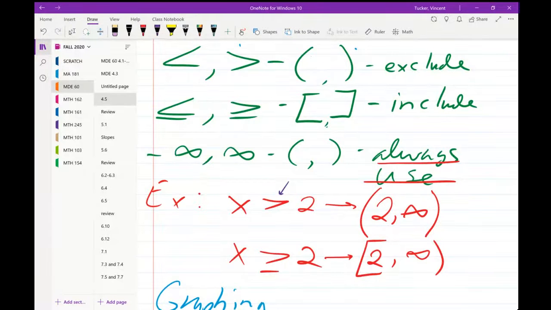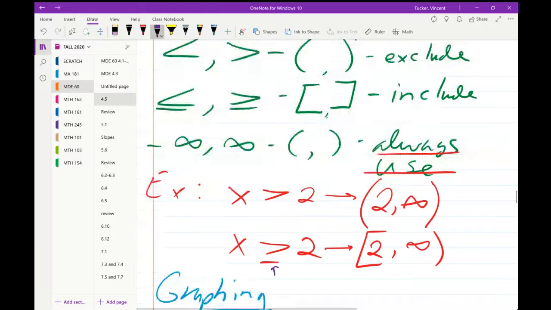Values that are greater than 2, so you're going from 2 to infinity. Your parentheses on the 2. We're going to infinity, we'll use parentheses as well.